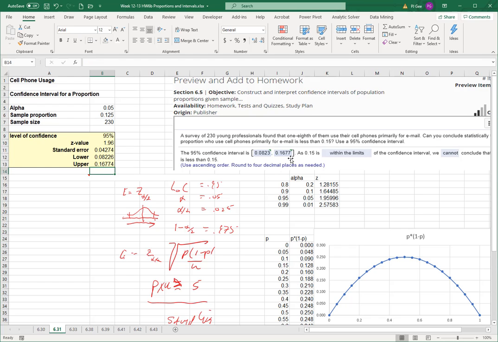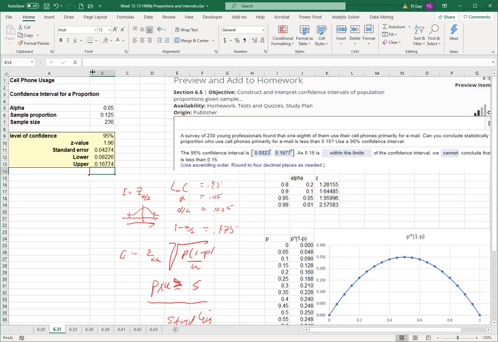That should fill in this slot very nicely. And they ask about 0.15 up here. Can you conclusively say that the proportion who use cell phones primarily for email is less than 0.15?